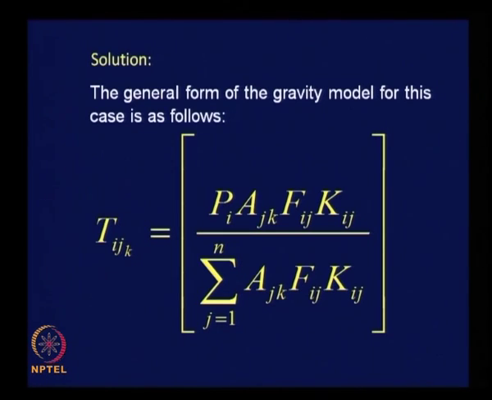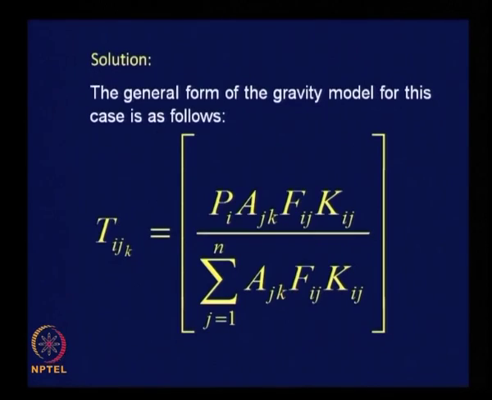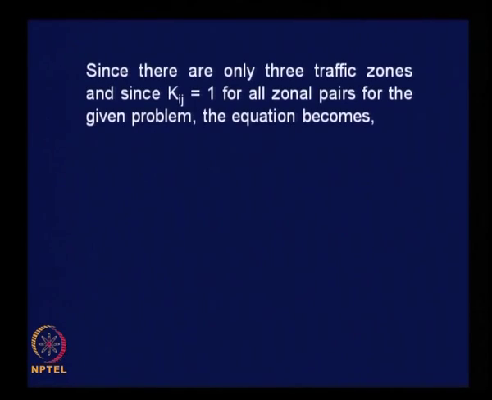And what is the value of Kij in this case? Kij has been given as 1. The value of zone to zone adjustment factor is 1 and the value of n is 3. We have only 3 zones. So we can further simplify this equation based on the fact that Kij is equal to 1 and the number of traffic zones is only 3.